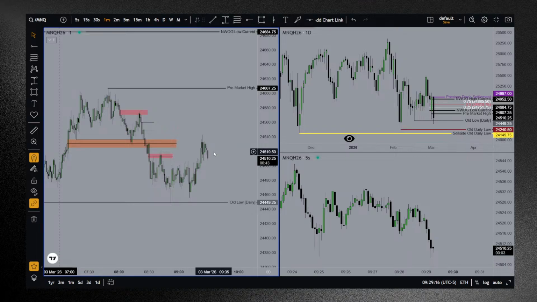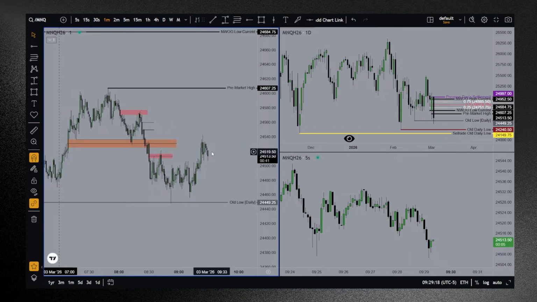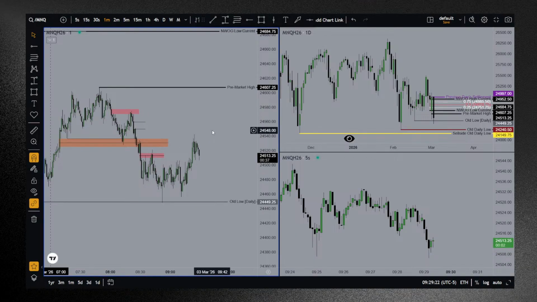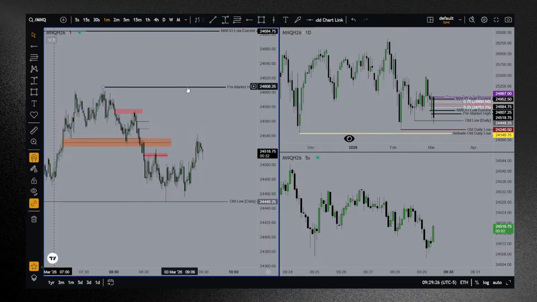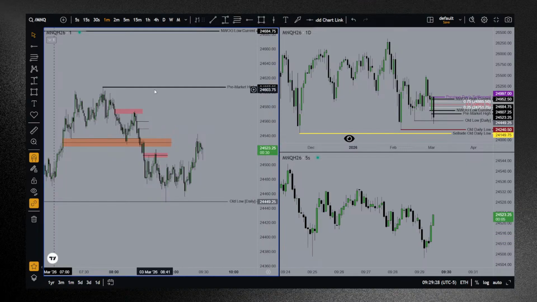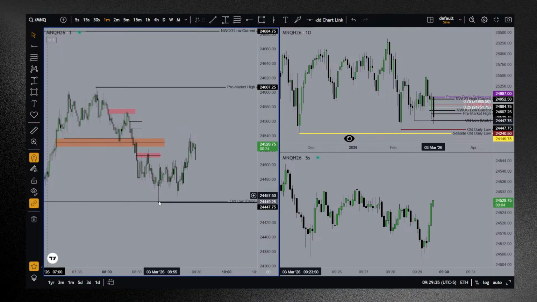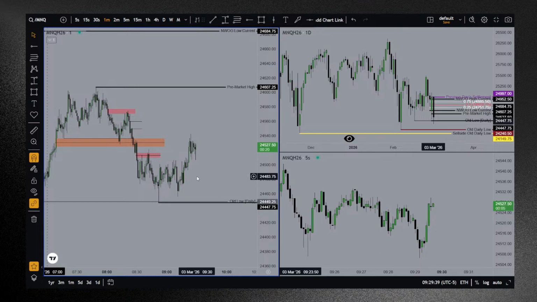One minute left. Pre-market high, pre-market low, just for completeness' sake, overlapping with the old daily low.